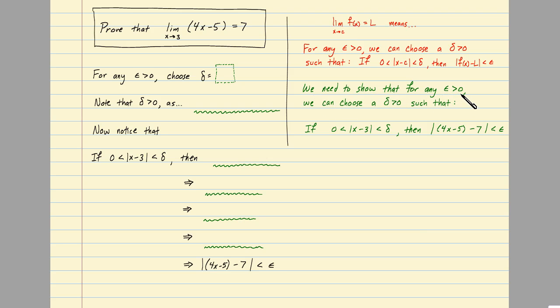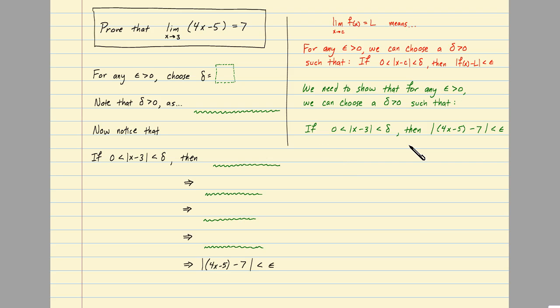For any epsilon strictly greater than 0, we can choose a delta strictly greater than 0, such that if the absolute value of x minus 3 is strictly between 0 and delta, then the absolute value of 4x minus 5, remember, that's our f of x, minus 7, remember, that's our L, must be less than epsilon. So this green thing here is what we need to show.